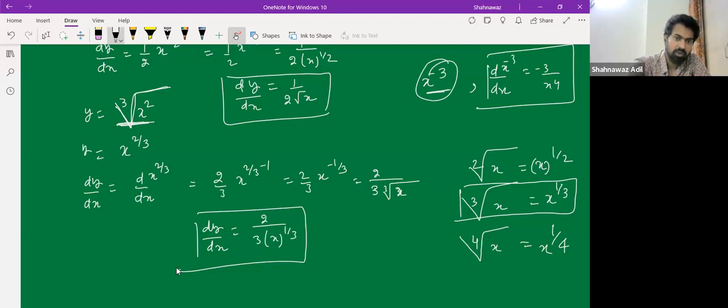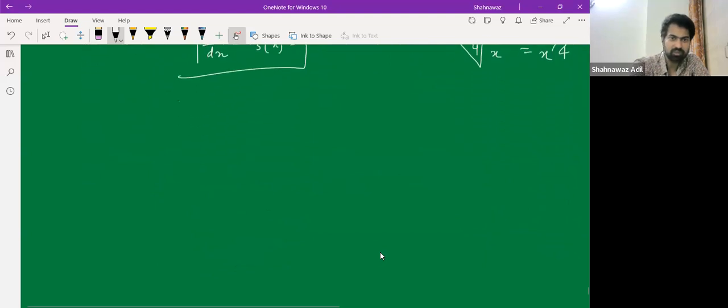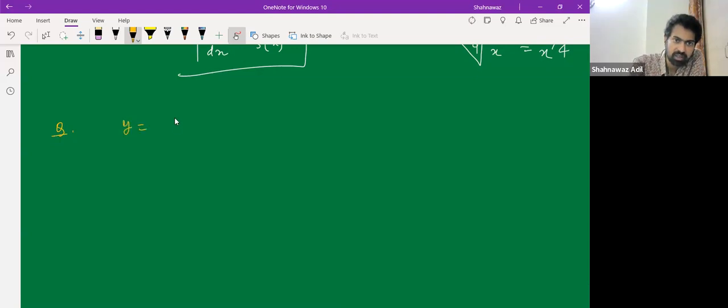Now let us complicate this further. Let's say I ask you the differentiation of y equals (3x plus 4) to the power 3 by 2. I should tell you first and then ask the question.